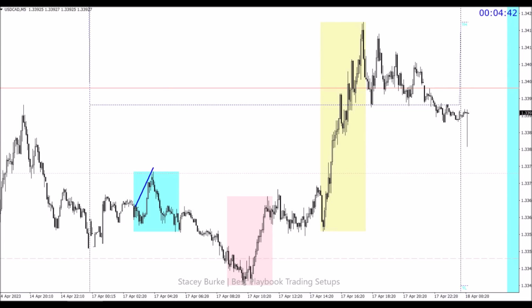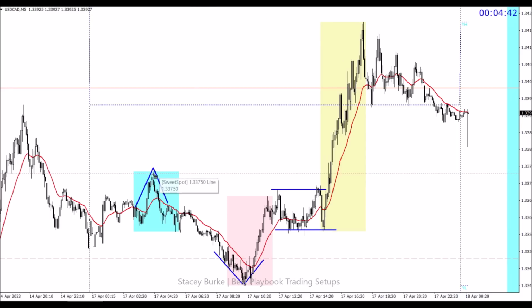Canadian dollar today, peak formation high in Asia, peak formation low in the London window, and then our consolidation before the US window. And again, we had major red news on the calendar. Peak formation high, peak formation low, trend trade outside of our consolidation.